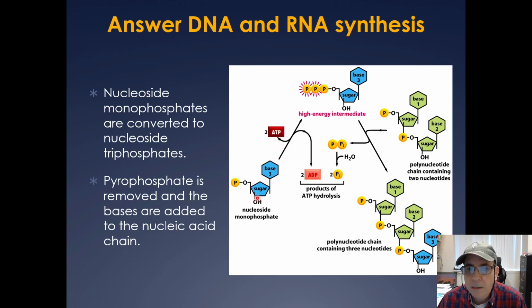And so ATP comes in, and the pyrophosphate can be added to the high energy base, and then the pyrophosphate is released when this gets added to a polynucleotide chain, like DNA or RNA. And then eventually the pyrophosphate is hydrolyzed into two inorganic phosphates. And we'll cover this much more when we're covering DNA replication and DNA synthesis.